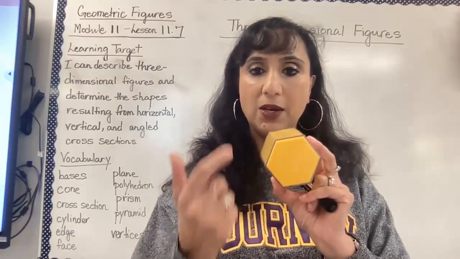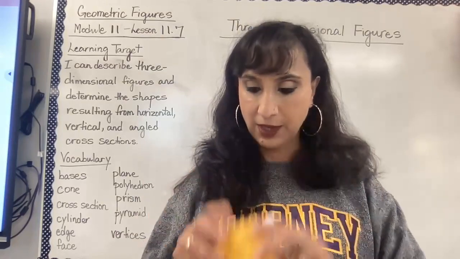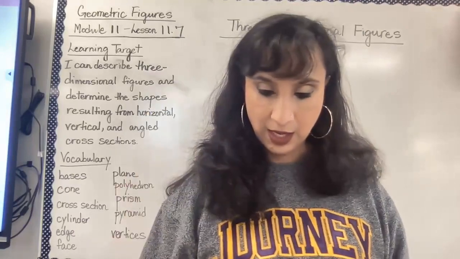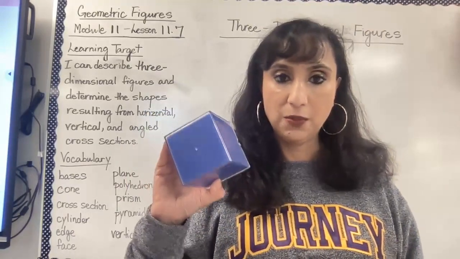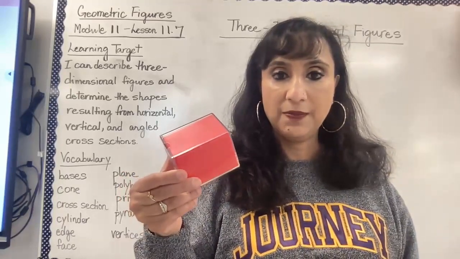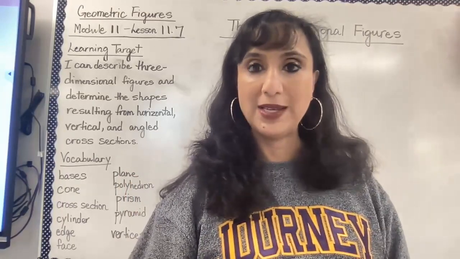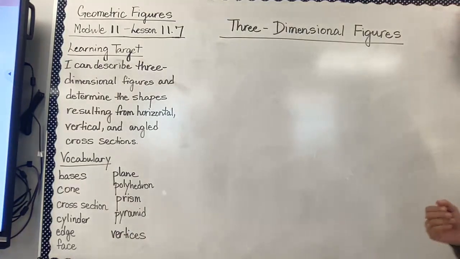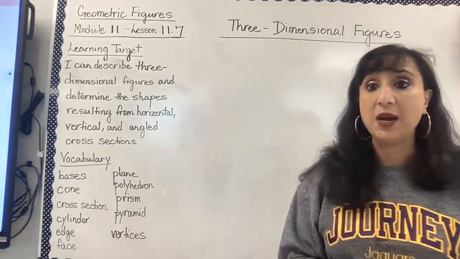It's a hexagon because we have 6 sides. So this is a hexagonal prism. And the one I showed you before was a triangular prism. Square prism, also called a cube. Rectangular prism. Based on the base, you have two bases that are exactly the same. And so prisms are basically named by the shape of their base.